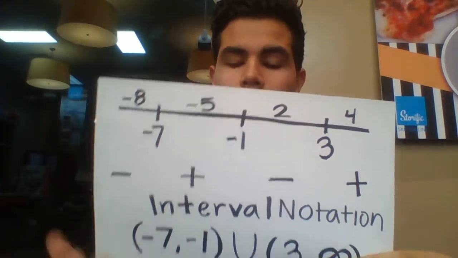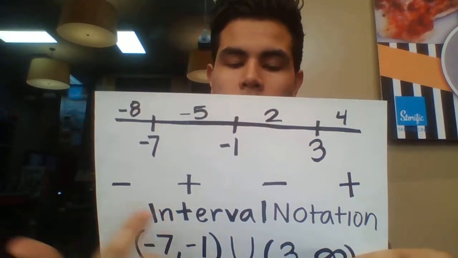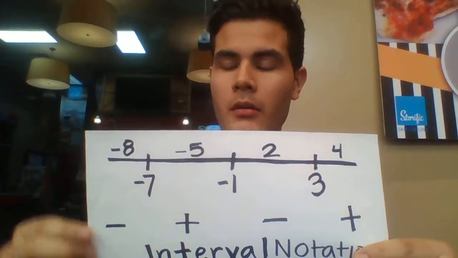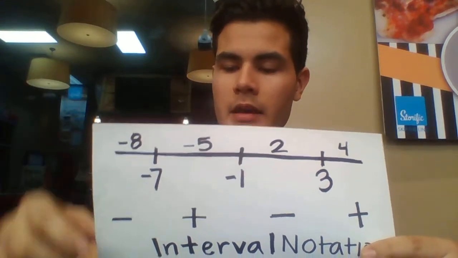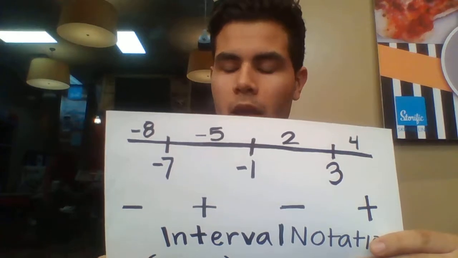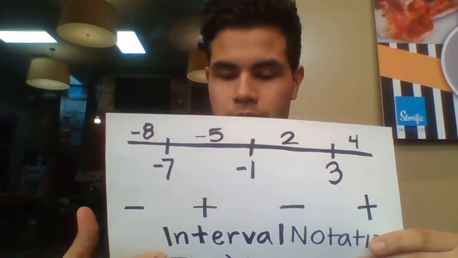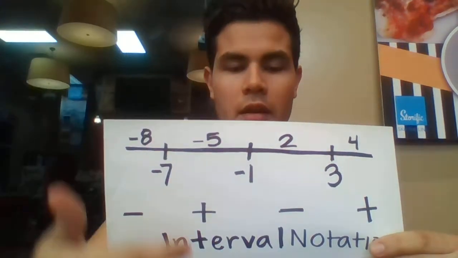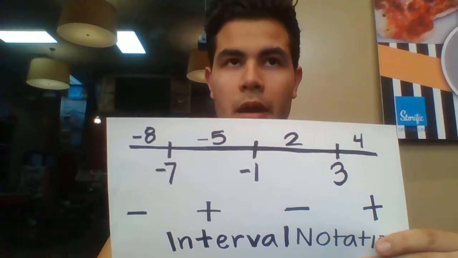So on our answer, we use interval notation. Because the 8 is a negative, we're not going to include anything past negative 7, and because the 2 is a negative, we're not going to include anything past negative 1.